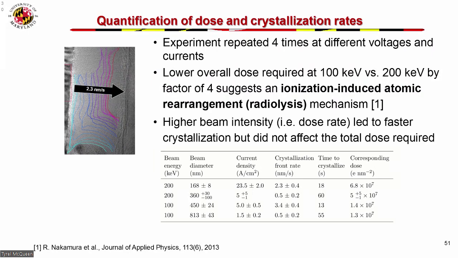So this is roughly 2.3 nanometers per second. This was at 200 kV. So we actually changed the beam diameter, which changes the current density, and these are for 200 kV electrons. And the crystallization front rate changes. Of course, if we spread the beam, we lower the current density. The crystallization front moves more slowly, and so it takes longer.